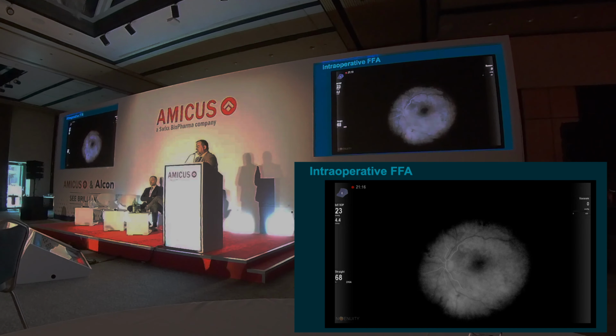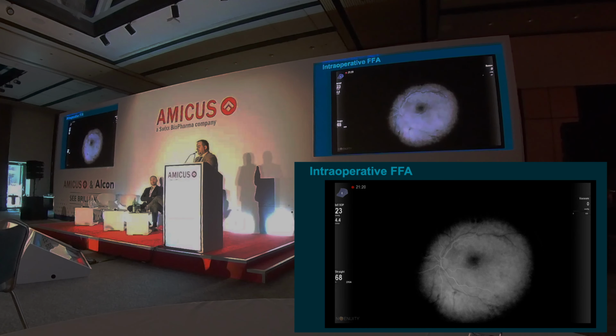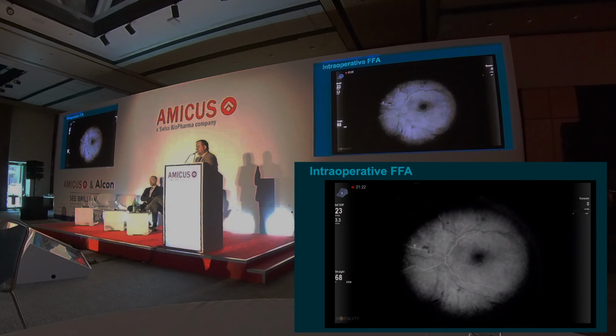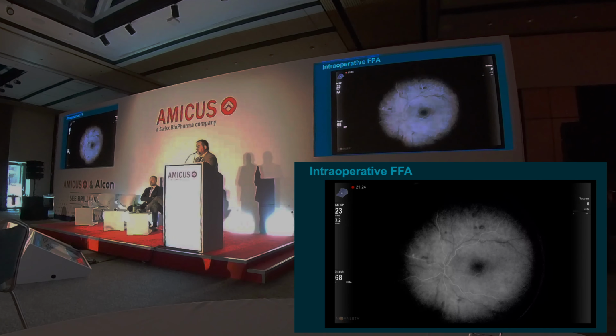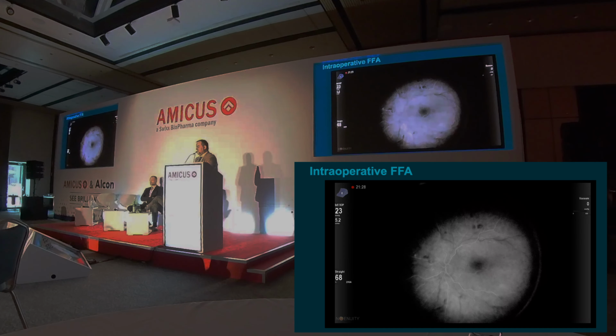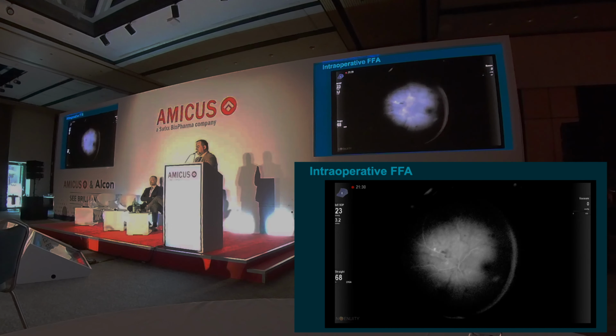Here you can appreciate more or less diabetic fundus, early phase. You can see that we have a choroidal filling, but where are the capillaries?